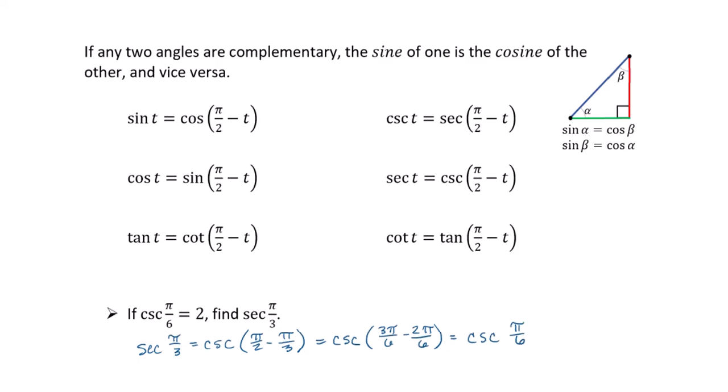And I know the cosecant of pi over 6 is 2.